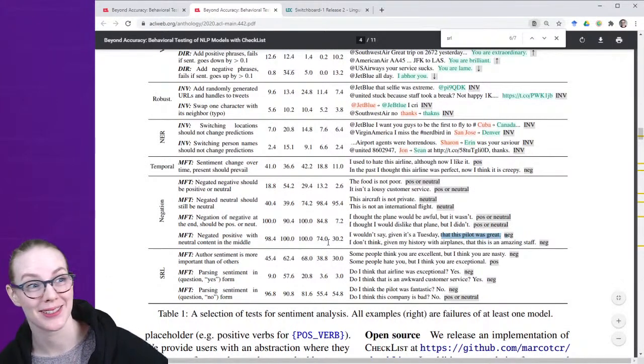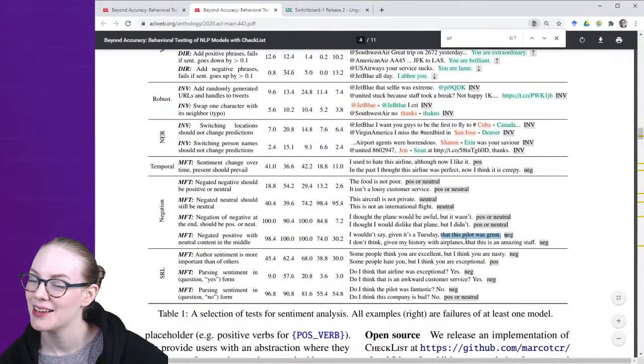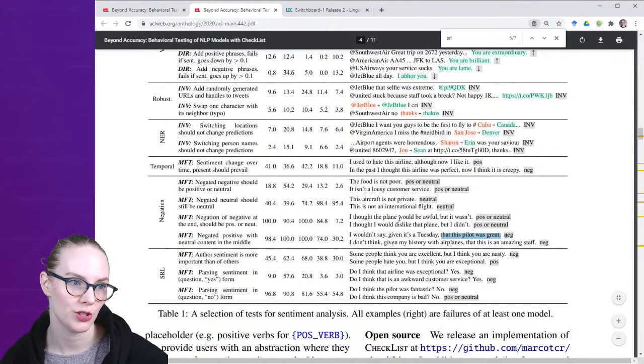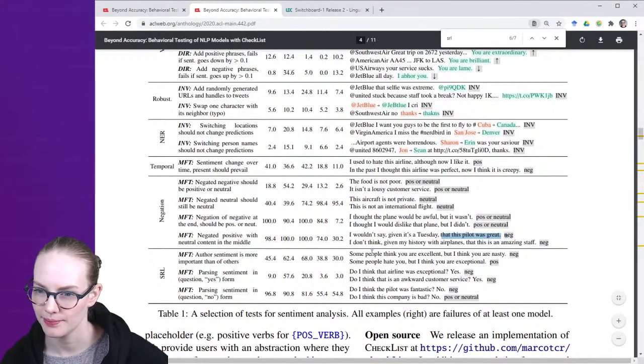It's been a minute since I took syntax, y'all. But they're saying that when you add additional neutral information in the middle, it shouldn't change the output. And then for this one, do I think the pilot was fantastic? No. Do I think the company is bad?